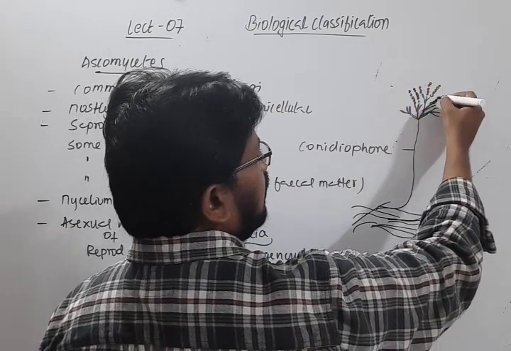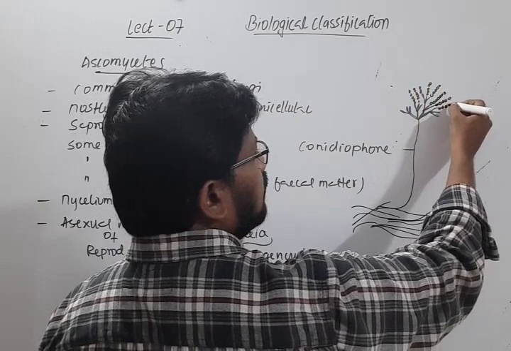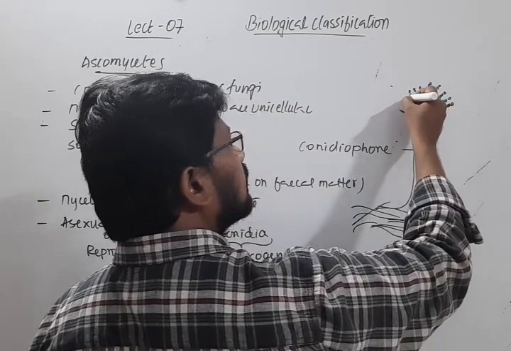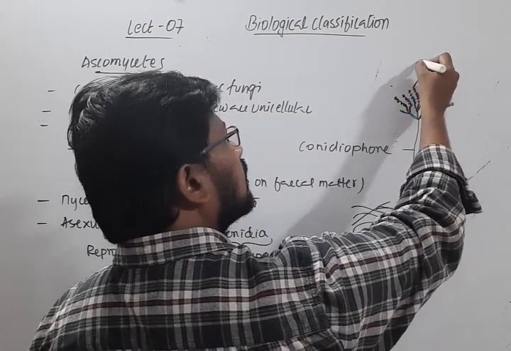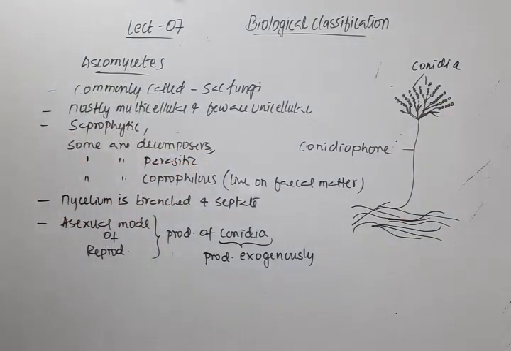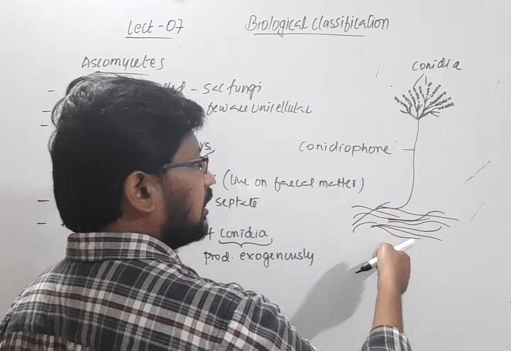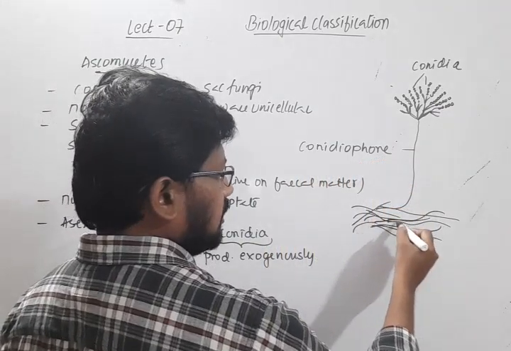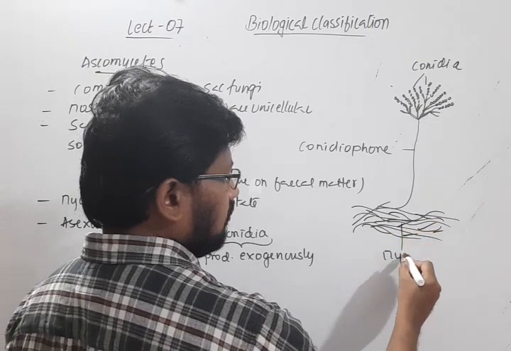All these are spores which are formed, and these are called conidia. The conidiophore is a vertical branch, and this network of hyphae is the mycelium.